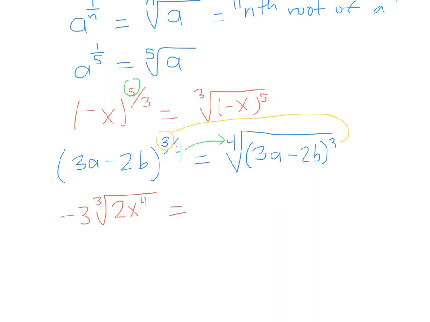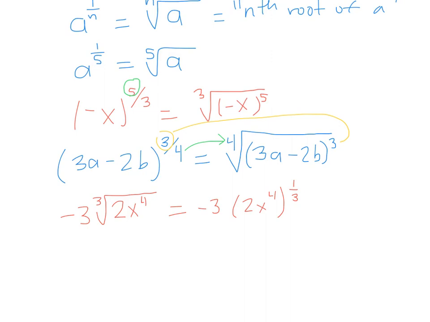So the negative 3 is kind of outside of the radical, so it just kind of comes along and isn't going to have any kind of rational exponent on it. So the 2x to the 4th, that's the part that's under that cube root. So that whole thing has a rational exponent of 1/3.